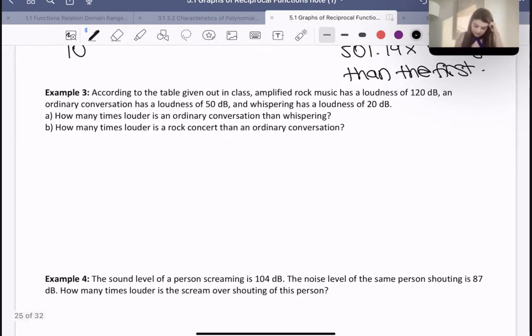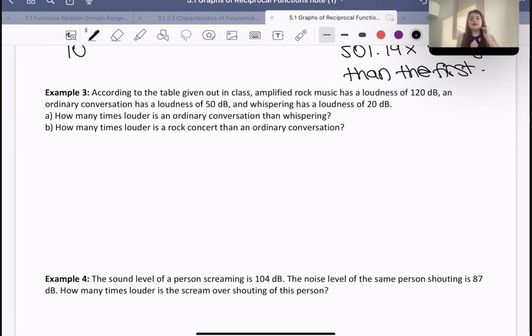It says according to the table given out in class, amplified rock music has a loudness of 120 decibels, an ordinary conversation has a loudness of 50 decibels, and a whispering has a loudness of 20 decibels. How many times louder is an ordinary conversation than whispering? Okay.